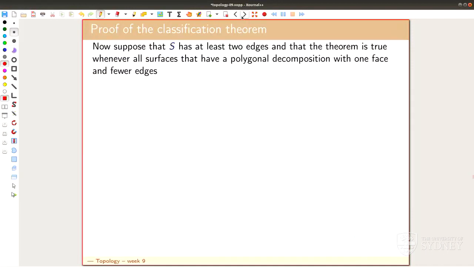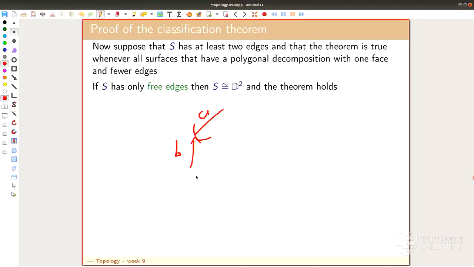And now we can assume we have more edges, right? So two or more. And essentially, we want to take out one edge and then argue by induction. Okay, fine. So let's try that. Okay, let's say it has only free edges. So nothing paired. So here an A, a B, a C, a D, an E, whatever, something like this. Nothing is paired.